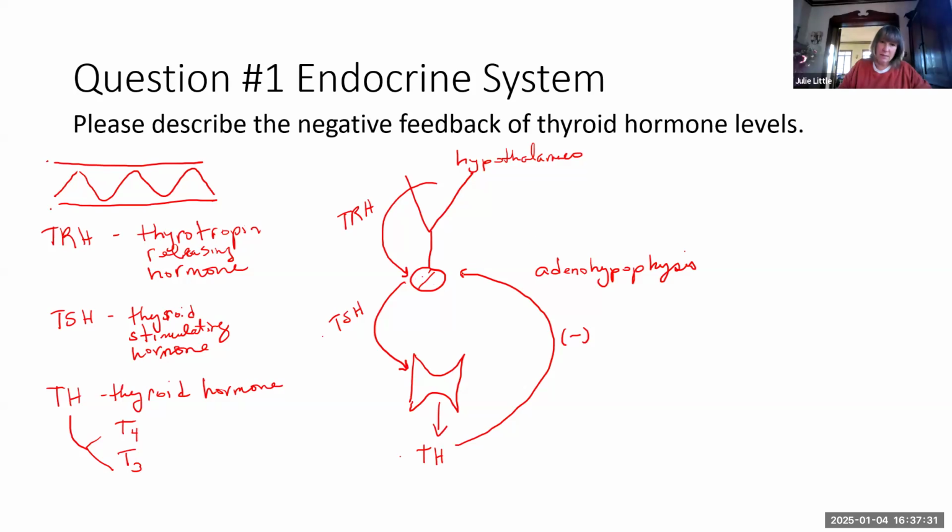And it also feeds back negatively. It's going through the blood. So not only will the adenohypophysis experience thyroid hormone, the hypothalamus is able to sample the blood and figure out how much is there. If there's enough thyroid hormone in the blood, it shuts the whole system down. So that is the answer to question number 1 for your final exam.